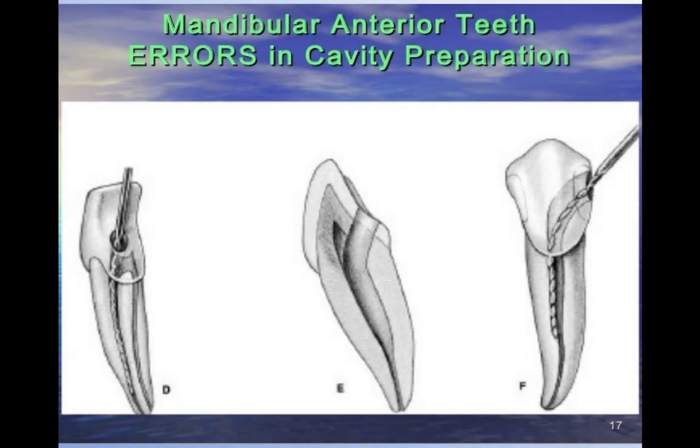With mandibular anterior teeth, we have to open the pulp chamber from the lingual side, near the cutting edge.